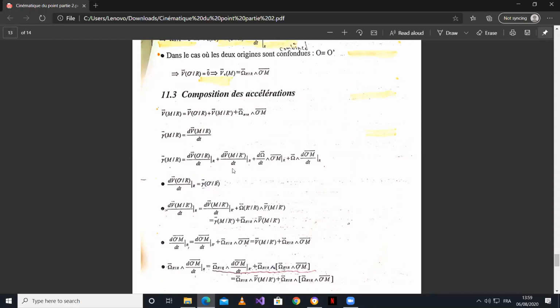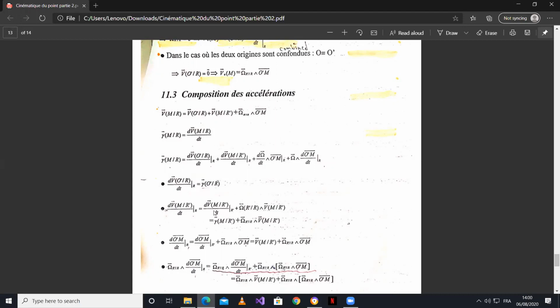And when we come to this second one here, it won't be as easy as the first one because this one is in R prime and we're studying it in R. So we need to use formule de Bour. And we know when we use formule de Bour, we first derive it in the referential it's been written in, or the referential it belongs in. So we'll derive it par rapport à R prime first of all, and then we'll introduce oméga de R prime par rapport à R vectoriel, that same vector you are deriving, which is V, vitesse de M dans R prime.